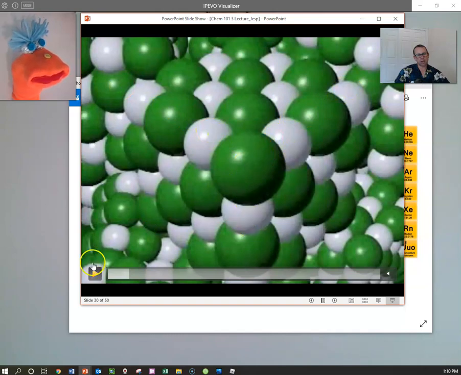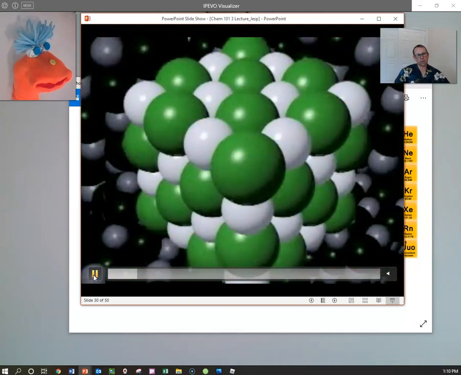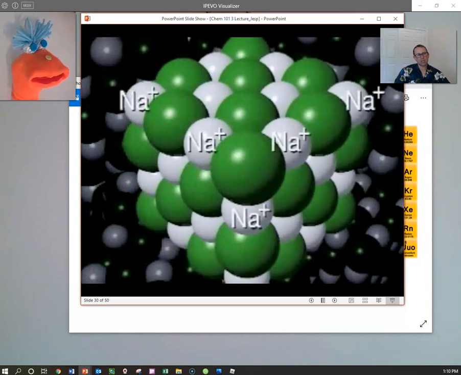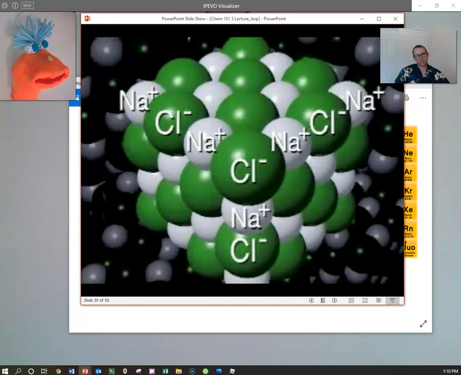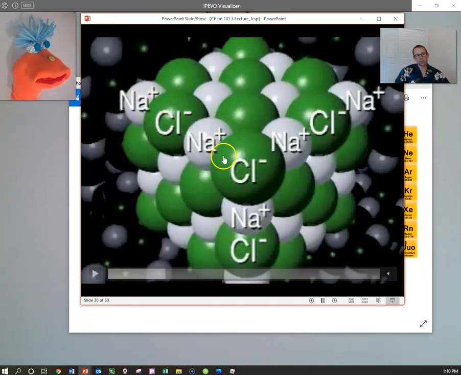In this case, sodium ions and chloride ions, and they come together in this 3-dimensional lattice. A 3-dimensional lattice means basically that each sodium ion and each chloride ion has lots of neighbors, 6 neighbors in this case, of the oppositely charged species.